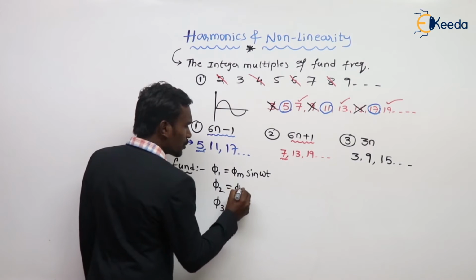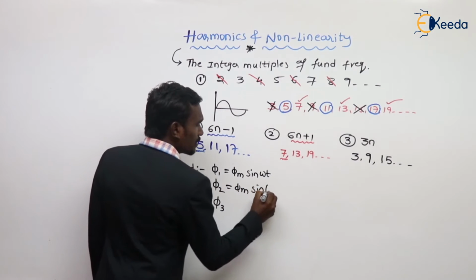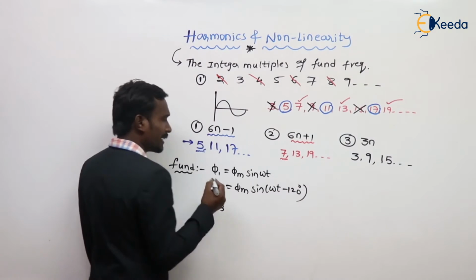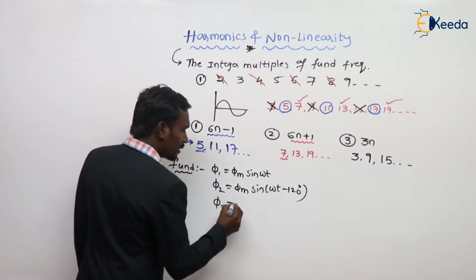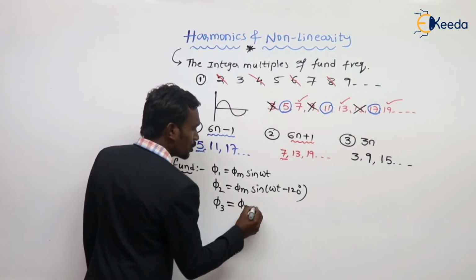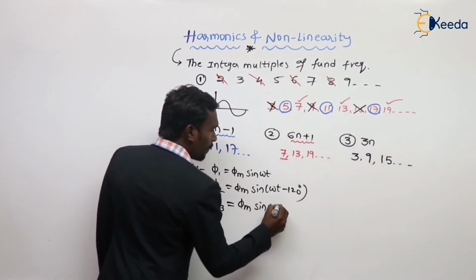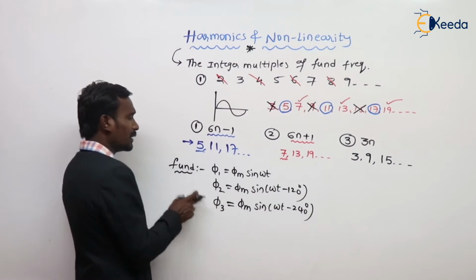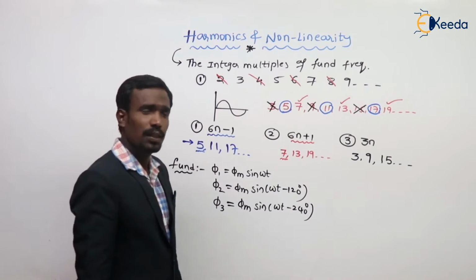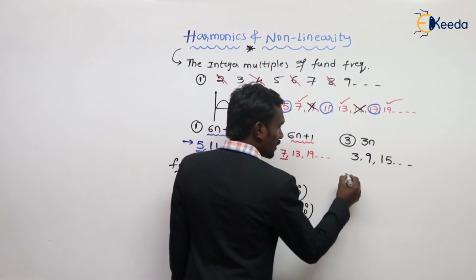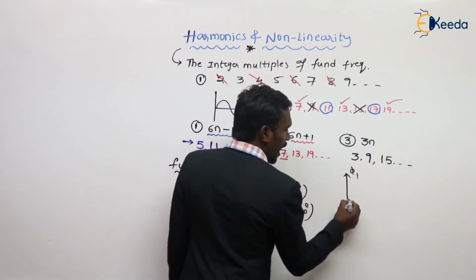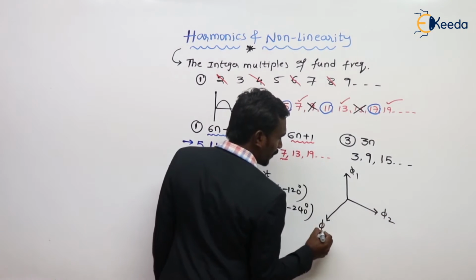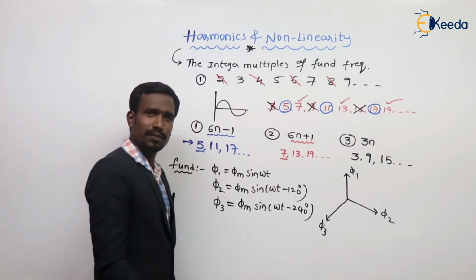Phi 2 is equal to phi m sine omega t minus 120 degrees, the second phase. And the third phase is phi m sine omega t minus 240 degrees. These are the three phases of the fundamental: one phase at 0 degrees, another at 120 degrees, and the other at 240 degrees.